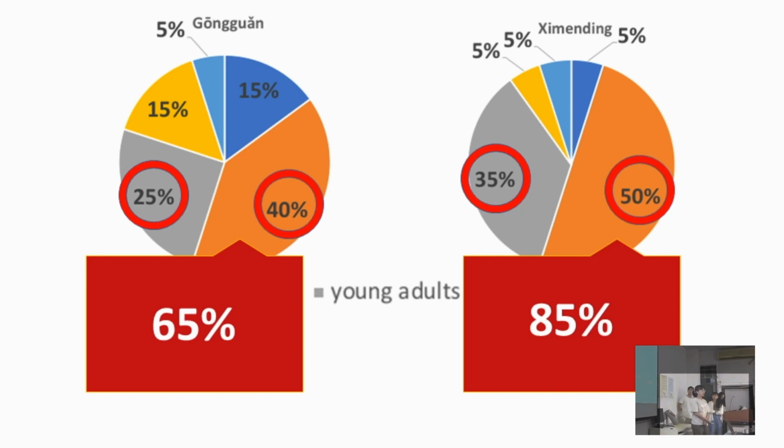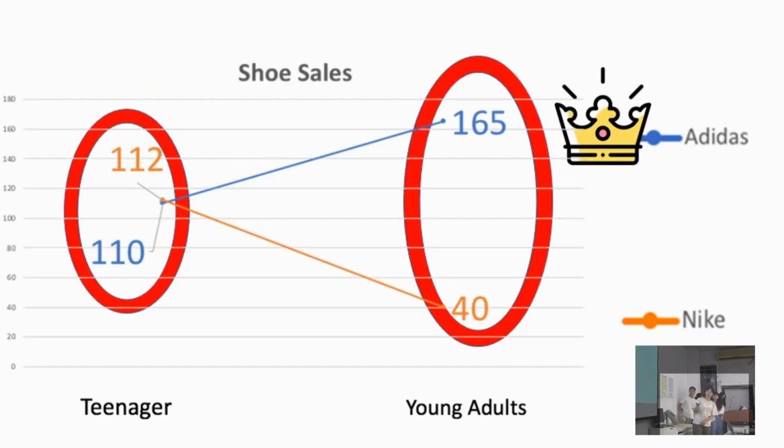Next, let's take a look at the purchase quantity of two groups. Firstly, the teenagers bought 112 pairs of Nike and 110 pairs of Adidas. There's no big difference in this part. And then for young adults, they bought 165 pairs of Adidas, but only 40 pairs of Nike.